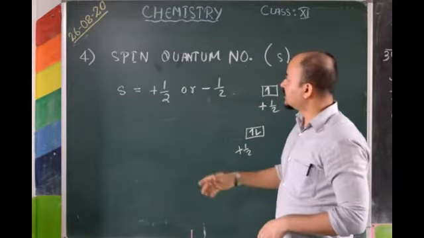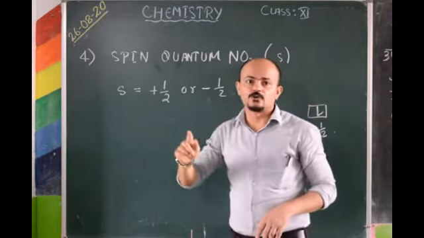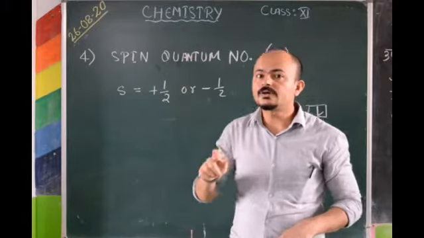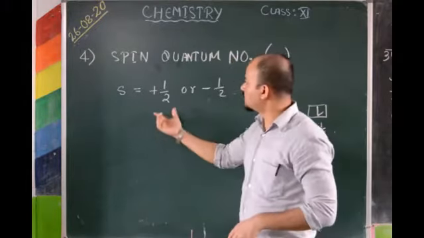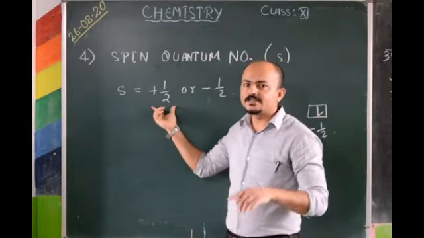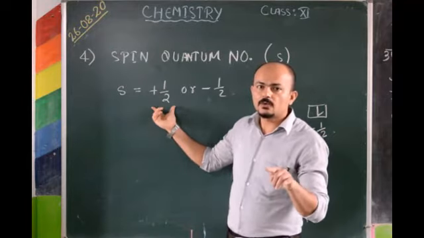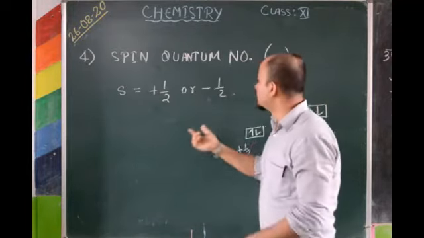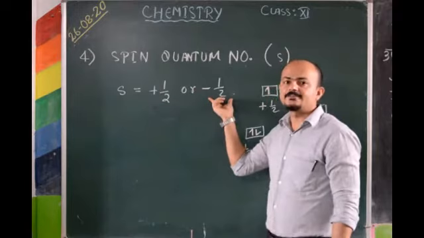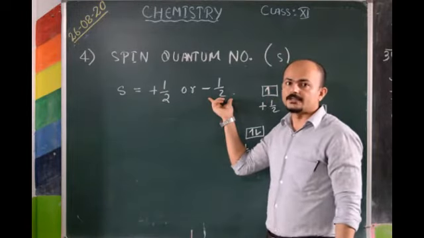Now, whenever the electron rotates in a clockwise direction, it will have a positive half value, and if it is rotating in an anti-clockwise direction, then it will have a minus half spin quantum number value.